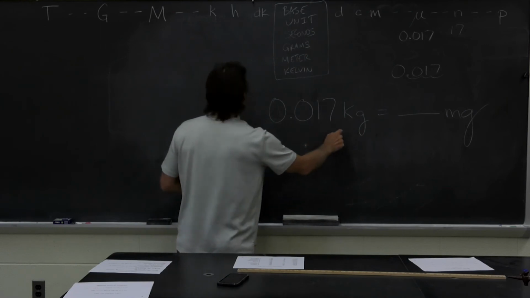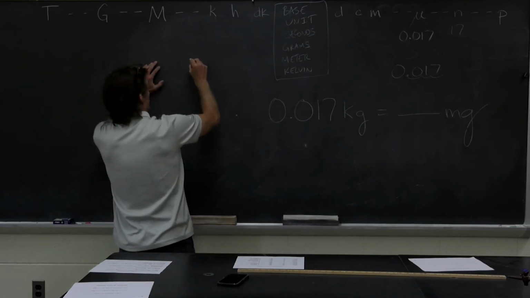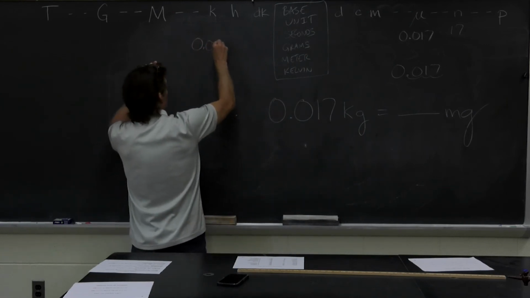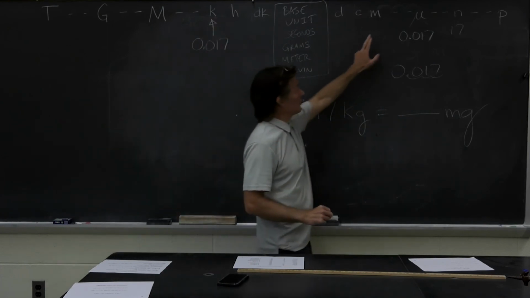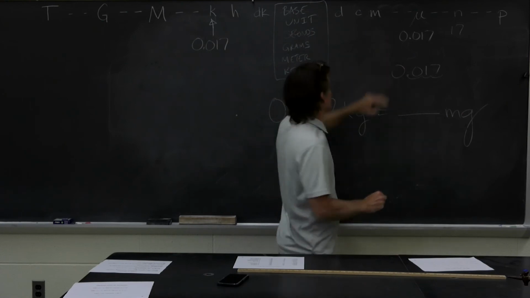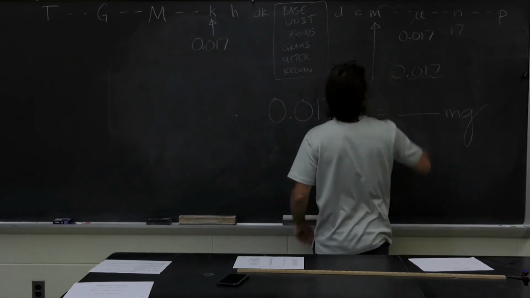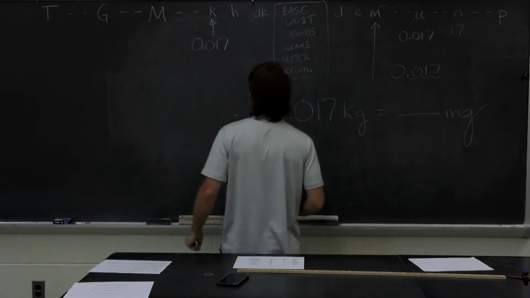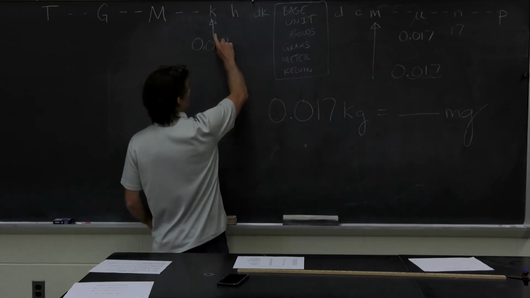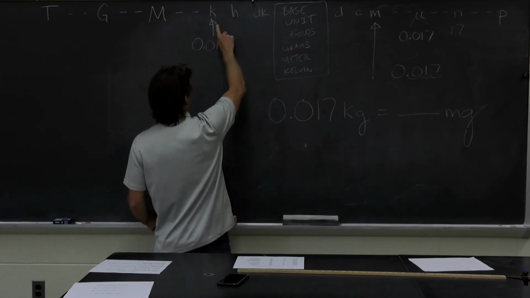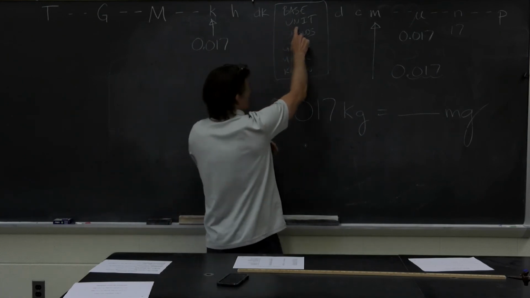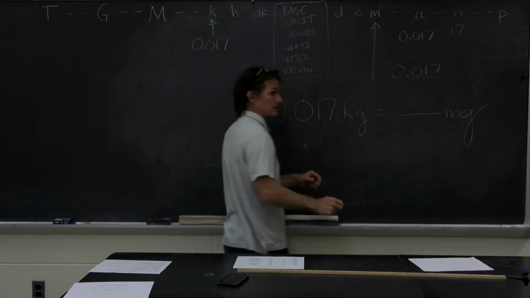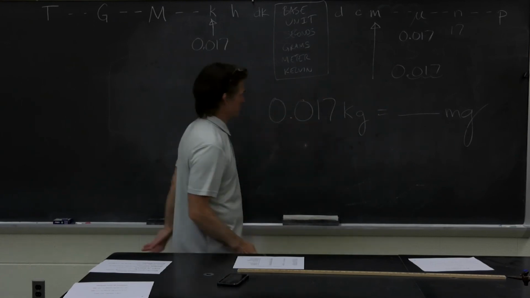I've got 0.017 kilograms, so I'm going to stick that right here. 0.017 in the kilo space. And I see I'm moving all the way down here to the milli space. Well, how many spaces do I got to move and in what direction? Let's see. I'm going to move this way, and I'm going to move 1, 2, 3. This does count as a space. 4, 5, 6 spaces in this direction.